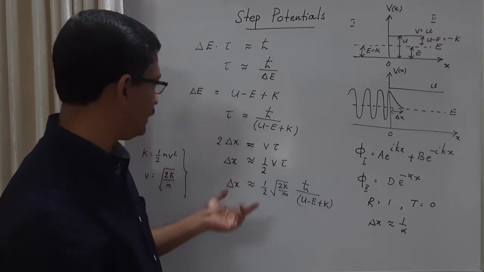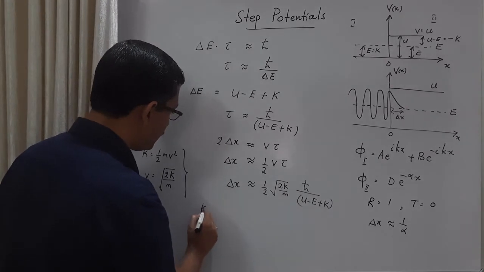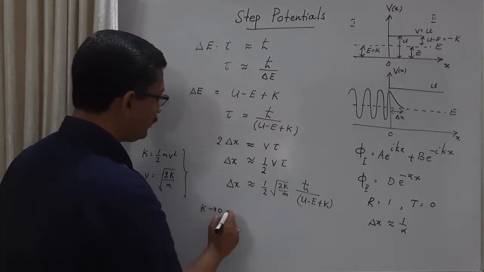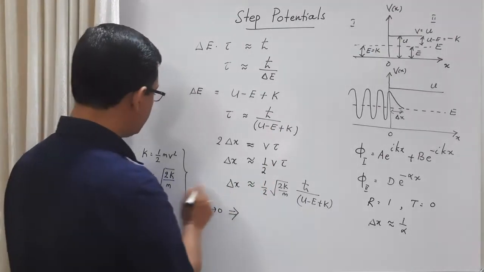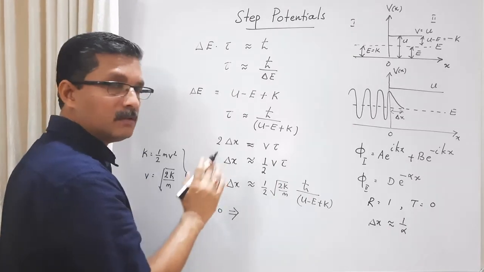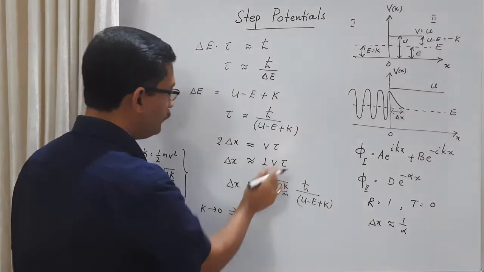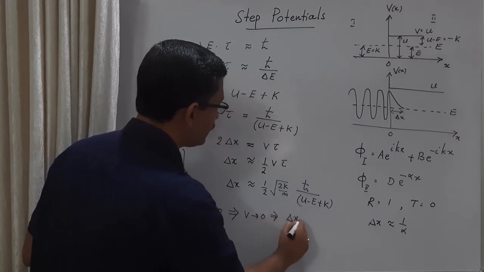Now let us consider two limiting cases. Suppose k tends to 0. Then the velocity of the particle in region 2 is very small, tends to 0. If v tends to 0, then this penetration depth delta x tends to 0.